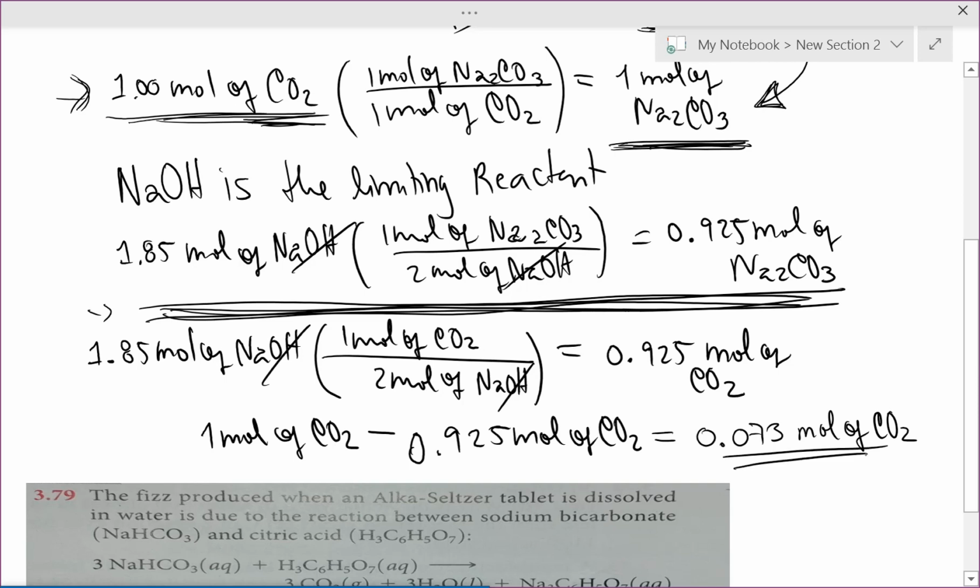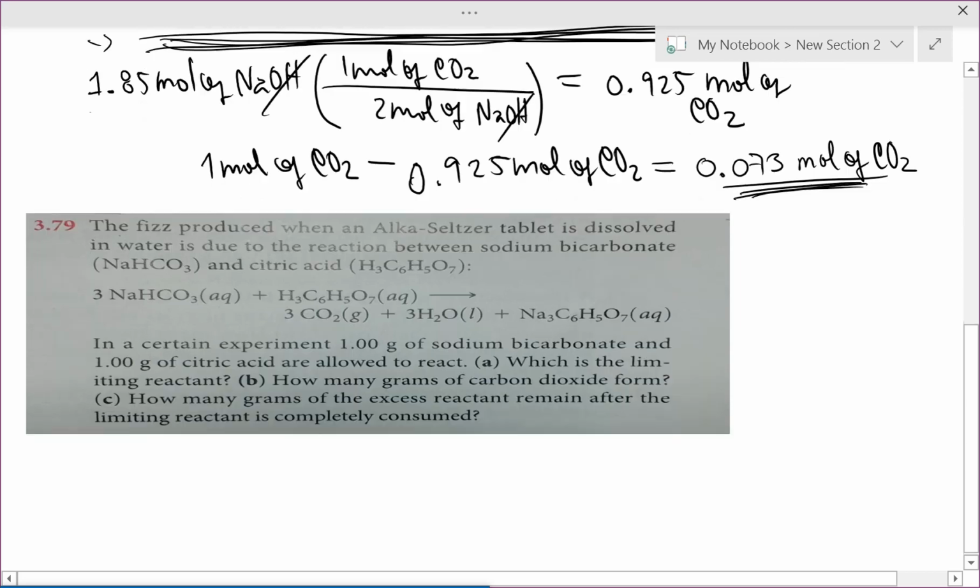So this is the amount of moles of the excess reactant that remains after the reaction is done. So let's work on a second example.